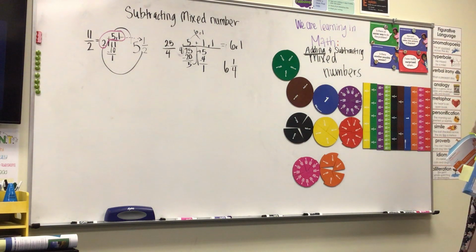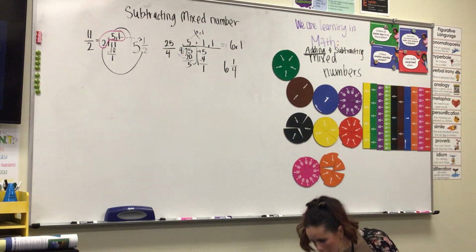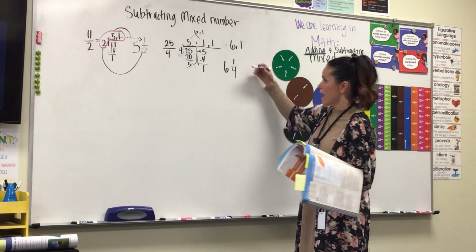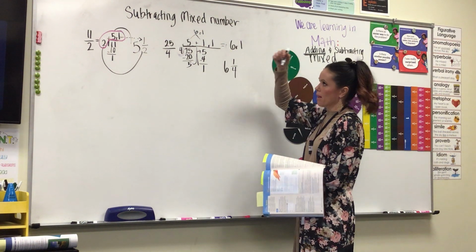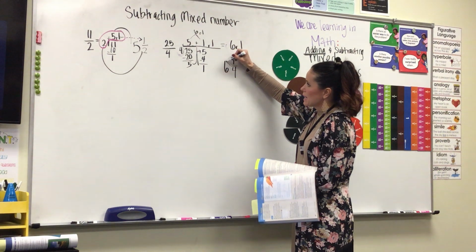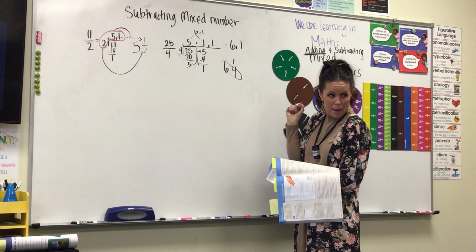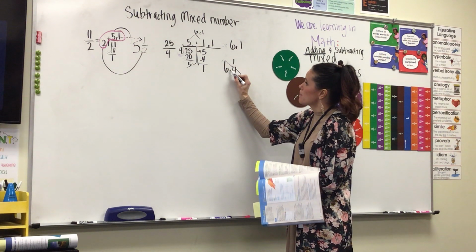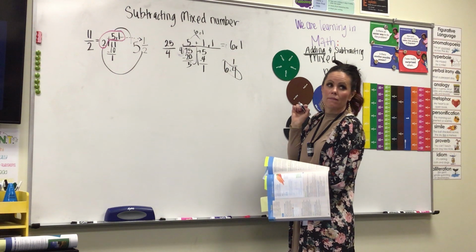Okay? All right, I'm going to remind you how to check, how to make a mixed number back into an improper fraction. And this was a secret I taught you last week. We talked about it for a minute. I circle this information right here, these two numbers, and I multiply them together. 6 times 4 is what, Brooklyn? 24.